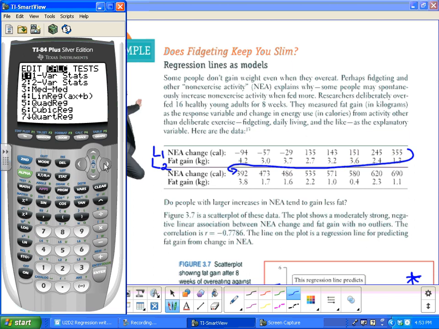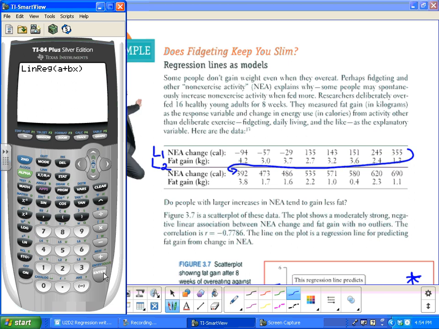You see right here number 4 on the calculator says LinReg, but this says ax plus b, and I told you that the slope had to be b, and it's going to make it easier if we do it the other way. So we're going to scroll down, that way there's no confusion, and if you go to number 8, it is a plus bx. So I'm going to hit enter on number 8. You get the same answer no matter whether you use 4 or 8. They just switch around the variables. As long as you write the equation properly, it really doesn't matter. But b for later really needs to be slope.